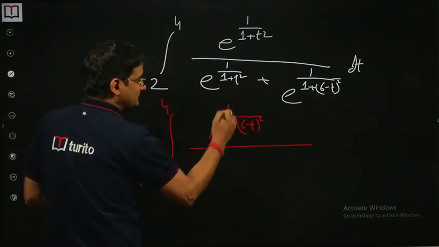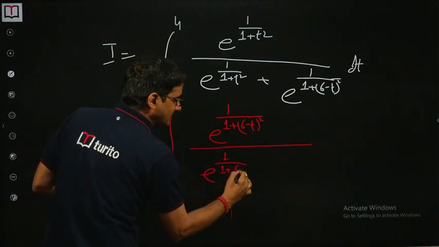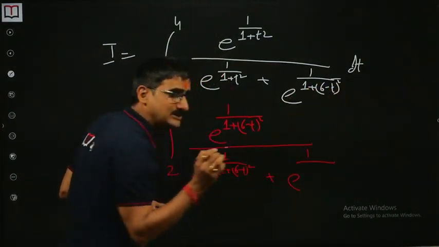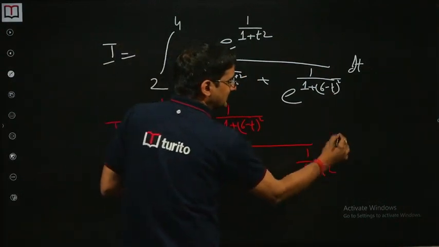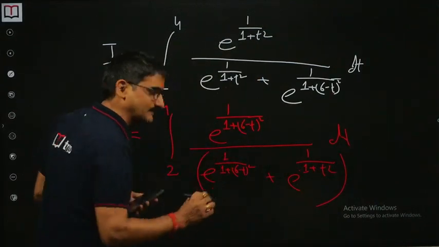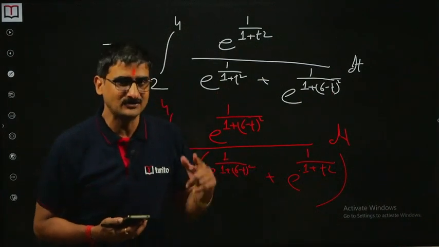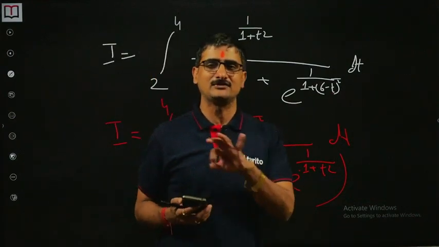And then this term will come here, and when you replace t by 6 minus t, the first term comes here, but the overall denominator remains same. My students must know that I always say denominator, after applying Bahubali property, remains same. That means we are on the right track.